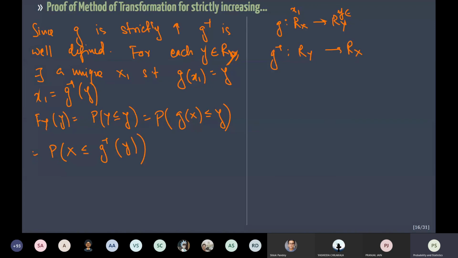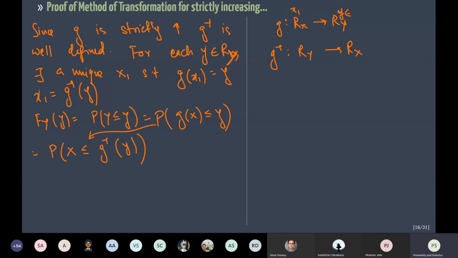I can apply g inverse on both sides, and then I will have X less than or equal to g inverse y, and that's coming because g is monotone, right? So you are okay with this?